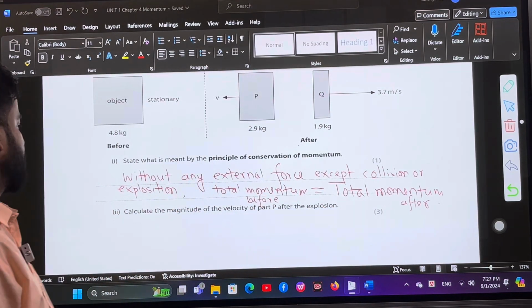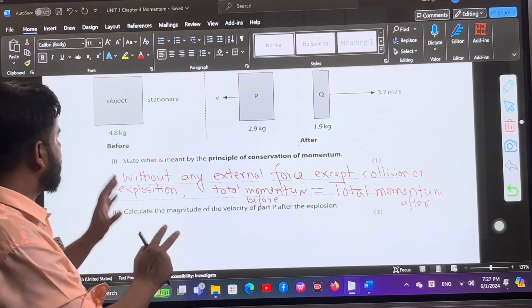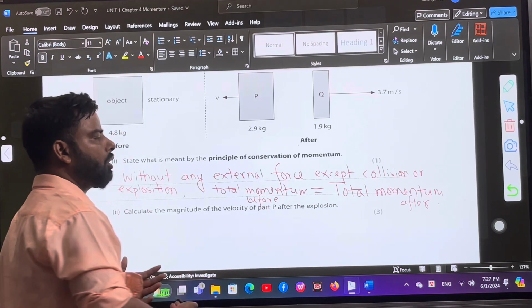Remember this concept. Without any external force except collision or explosion, total momentum before collision or explosion is equal to total momentum after.